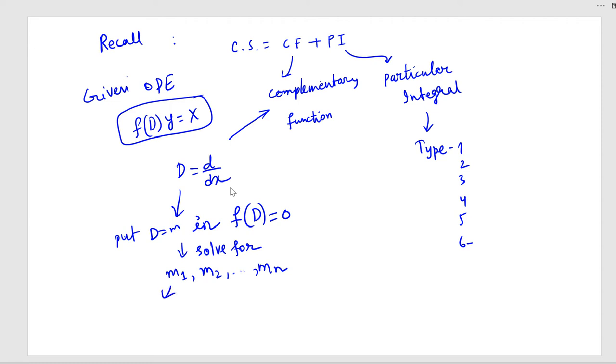If we get these values, and all are distinct, then we have seen these m's can be real and distinct. This can be real and repeated.